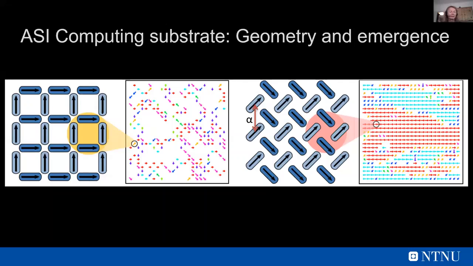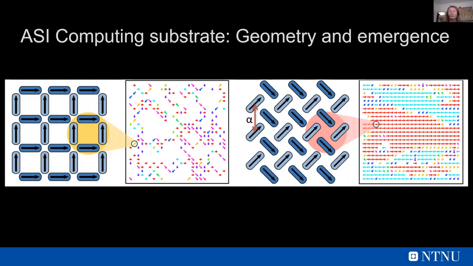The behavior in this system is what makes them interesting. Here is an example of two similar but different systems. On the left, we have a square system, a square spin ice. In these systems, we can make the system behave like waves, so they are moving waves as the emergent property.